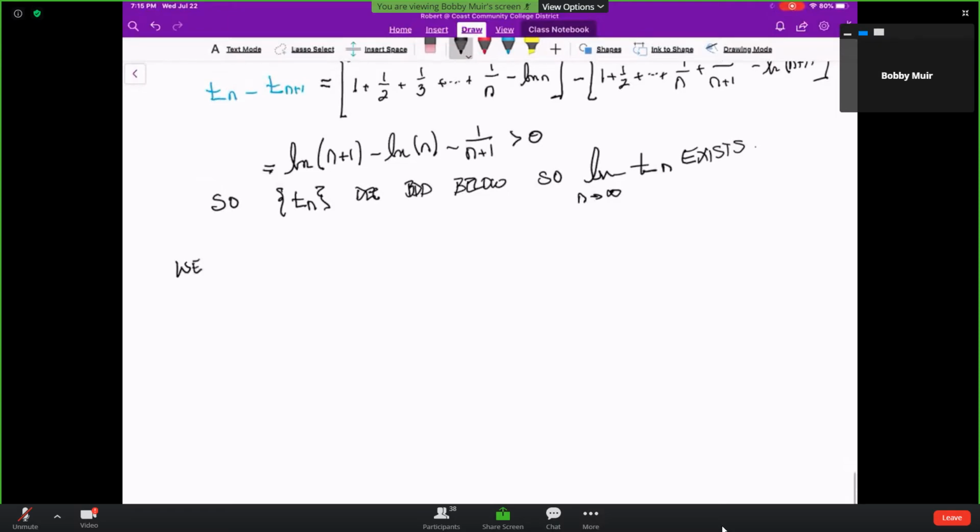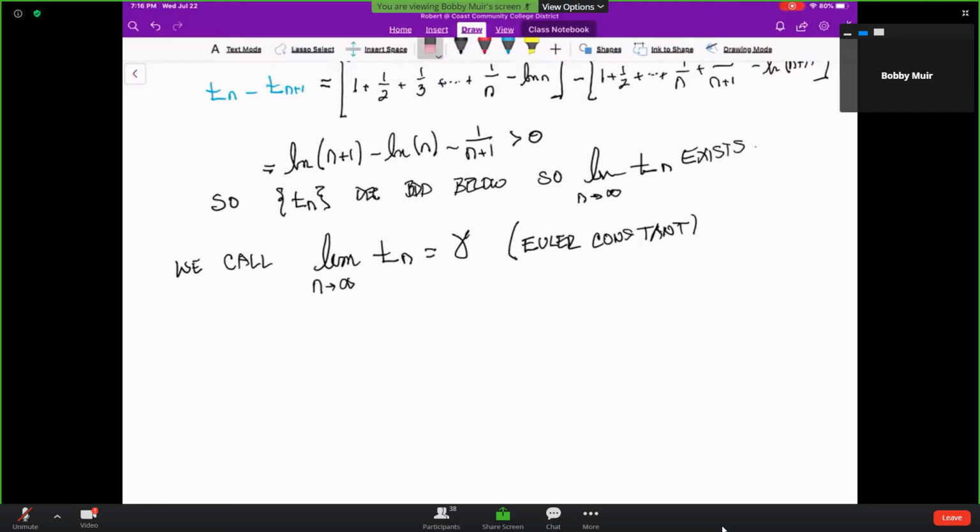We call this limit, as n tends to infinity of this Tn, the Euler constant. At 7:16 on Wednesday, July 22nd, you just learned a new important number in the universe.